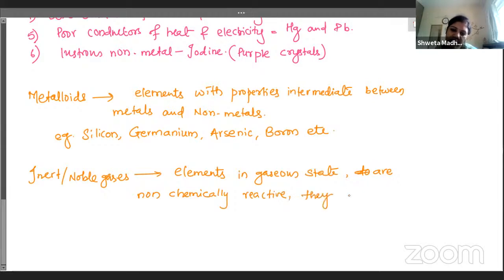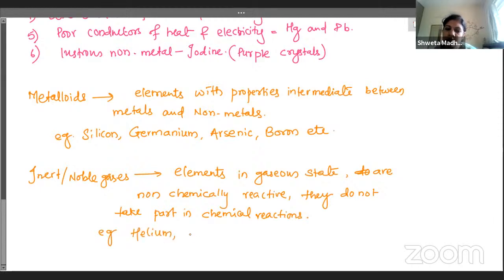They do not take part in chemical reactions. Examples: helium, neon, argon, krypton, xenon, radon.